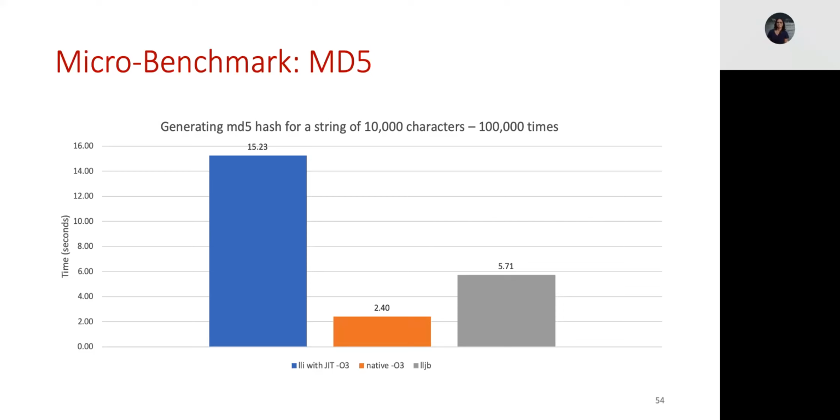In this case, LLI does pretty poorly, and natively it's 2.4 seconds, and Lljb compiled code takes 5.71 seconds. In this case, we're actually a lot more behind than the previous example. But yeah, these are just the numbers that we get right now, and hopefully we can investigate later and get closer to the native compilation.